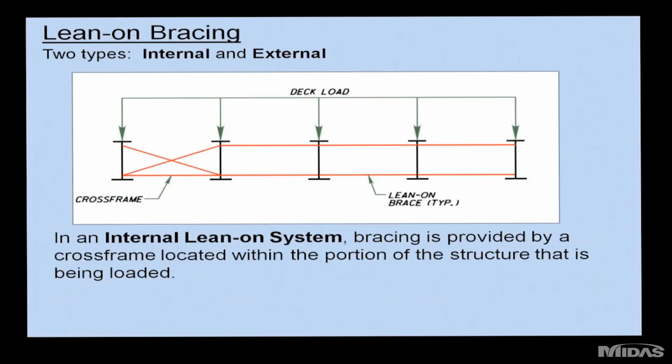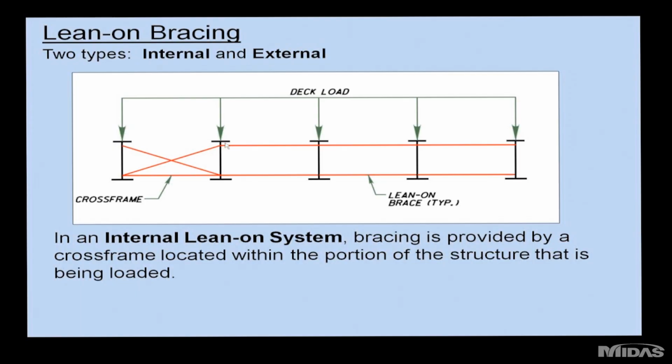So there are a couple different ways you can use lean-on bracing. We termed them internal and external. In an internal system, you have cross frames within the loaded portion of the bridge. So here we have deck being applied to this system of girders. We have a cross frame, and then we have a series of lean-on braces.